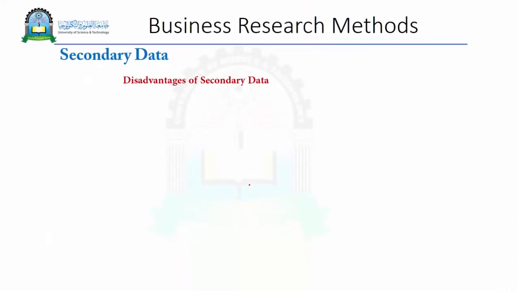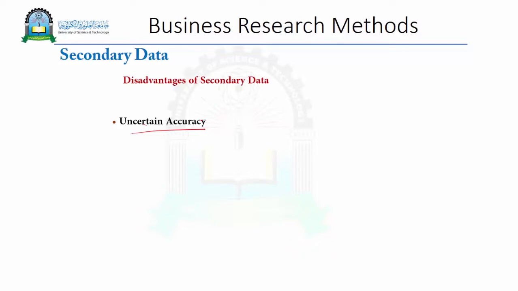Secondary data disadvantages. The first disadvantage is uncertain accuracy. Of course, you are not going to be certain about the accuracy of this data, because you, as a researcher, are not the one who has collected it. Somebody else has collected and analyzed this data.